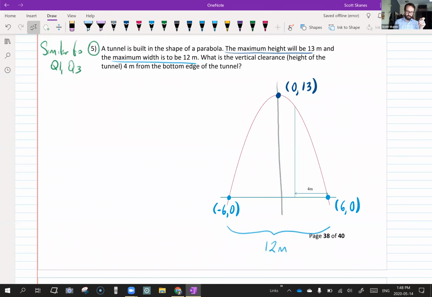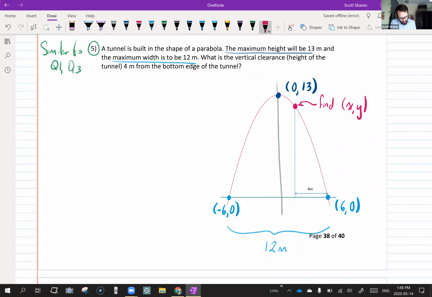What is the vertical clearance, the height of the tunnel, 4 meters from the bottom edge of the tunnel? So let me tell you what that means. It means what is this vertical height? You need to find the x and y values of this point based on this x value, really the y value.